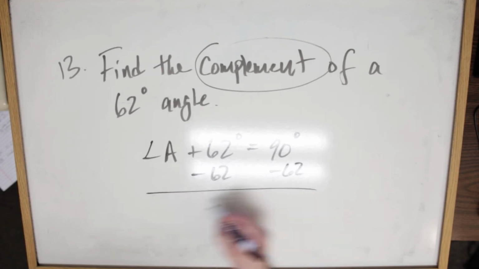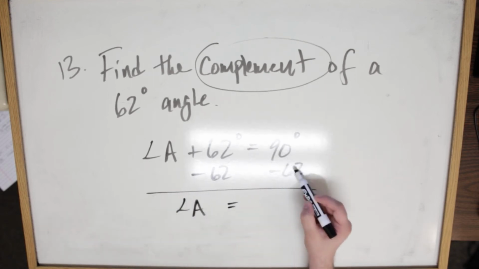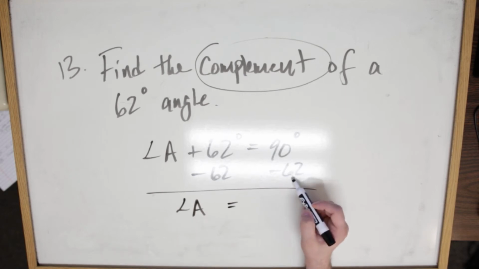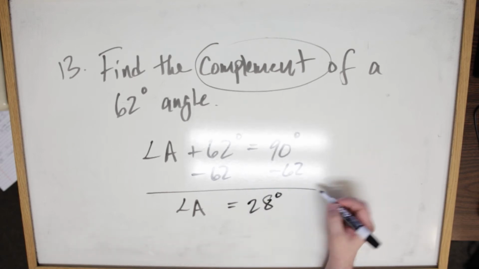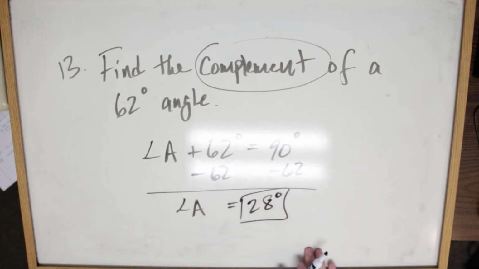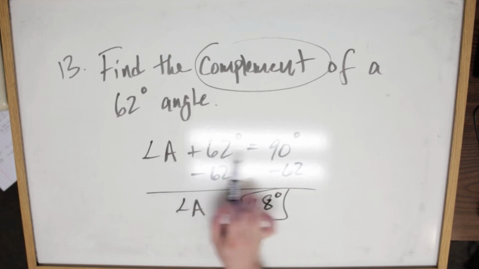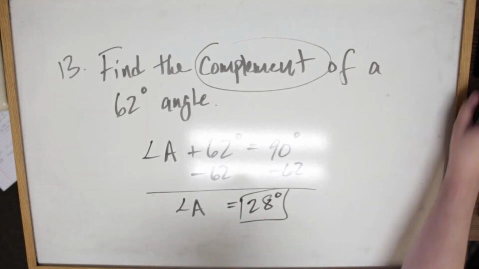And what you'll find is that angle A is going to equal 90 minus 62. So 90 minus 62 is going to be 28 degrees. Okay? So again, you can think of this as just like what added to 62 is going to equal 90. So that right there is how you would do a problem like this.